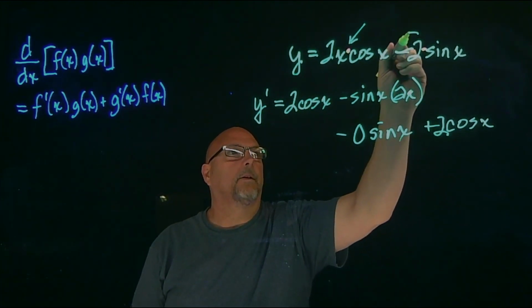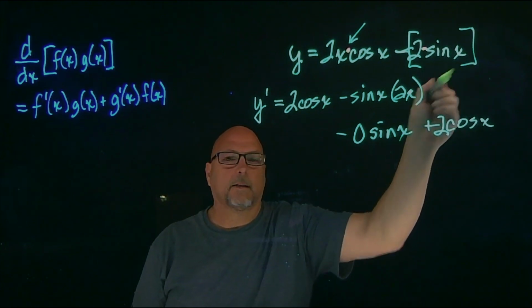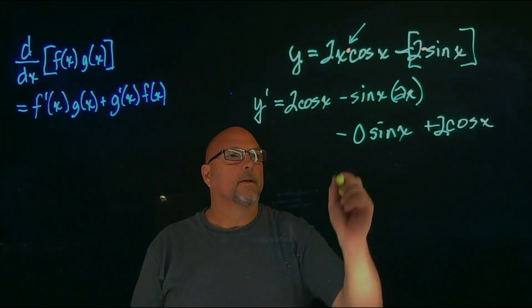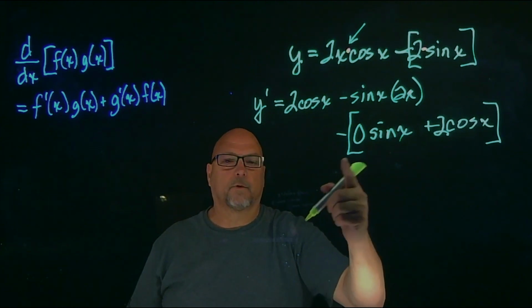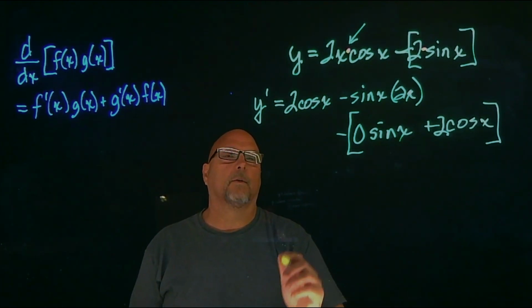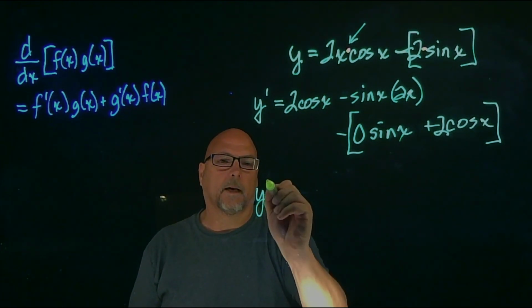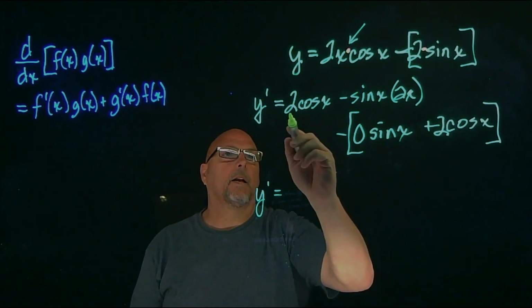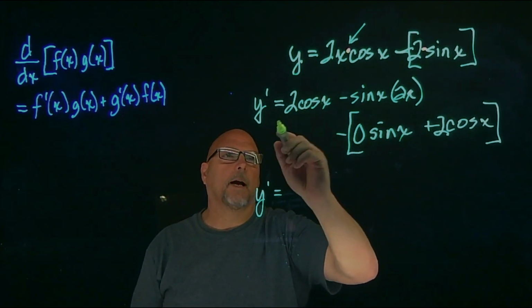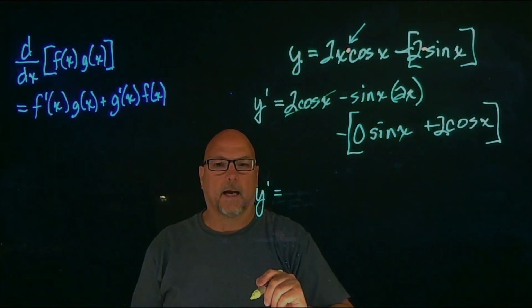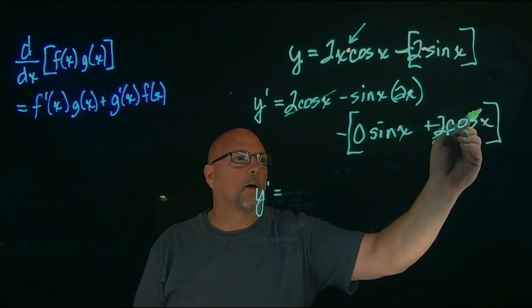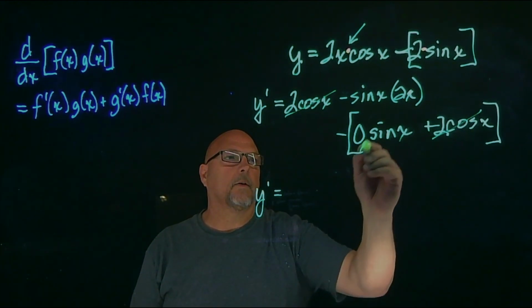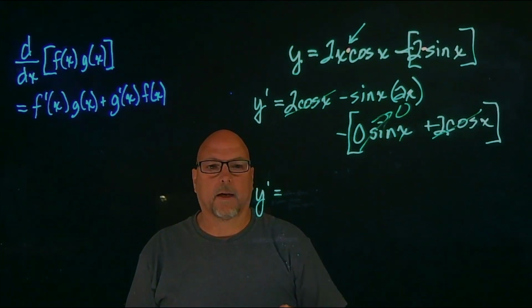But notice this has parentheses around it. So this has to have parentheses around it down here, right? I'm subtracting the derivative. So what happens is kind of neat. I have 2 cosine x, and that's going to cancel with negative 2 cosine x. And 0, that just goes to 0, okay?